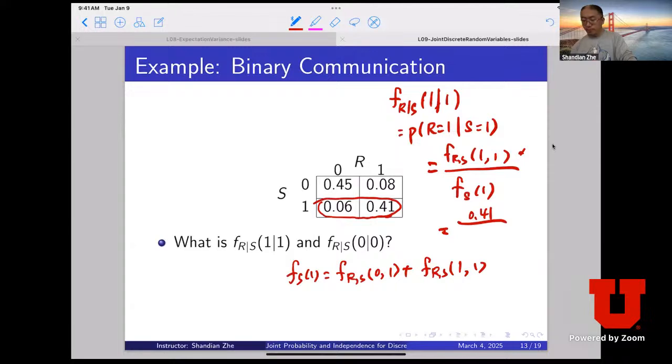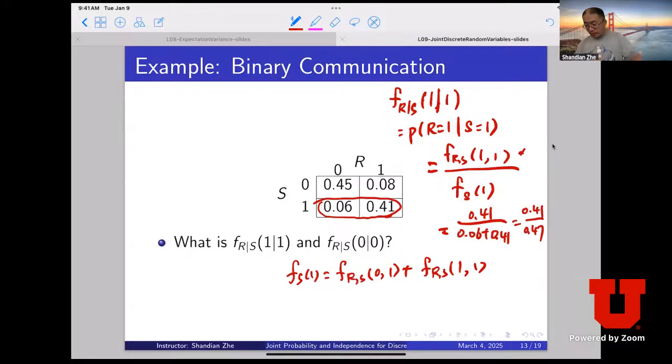Which is 0.06 plus 0.41. Okay, and it gives 0.41 given 0.47 over this.